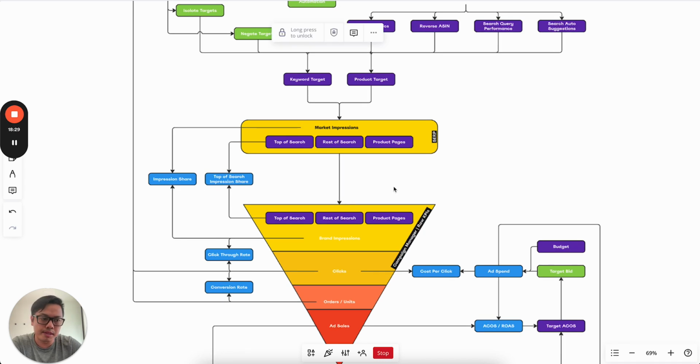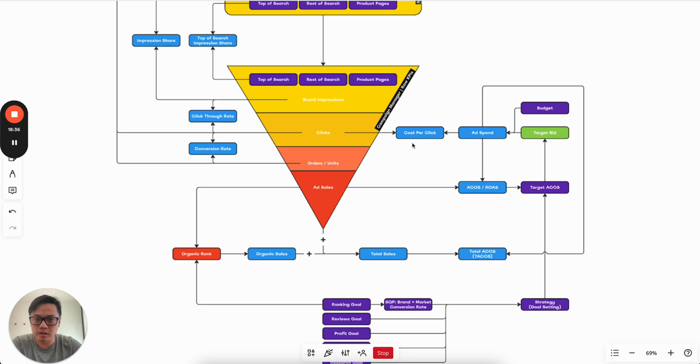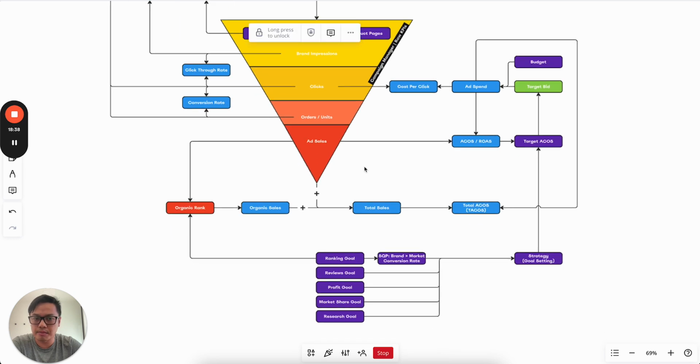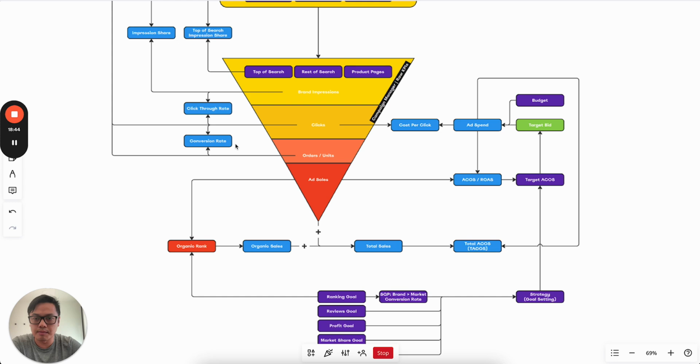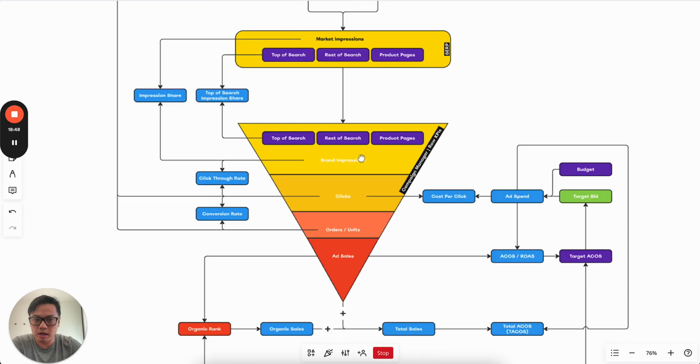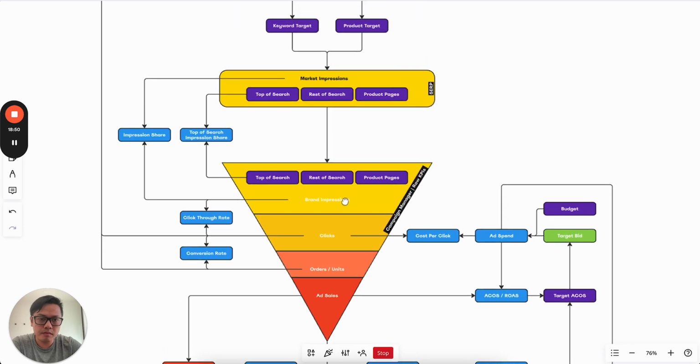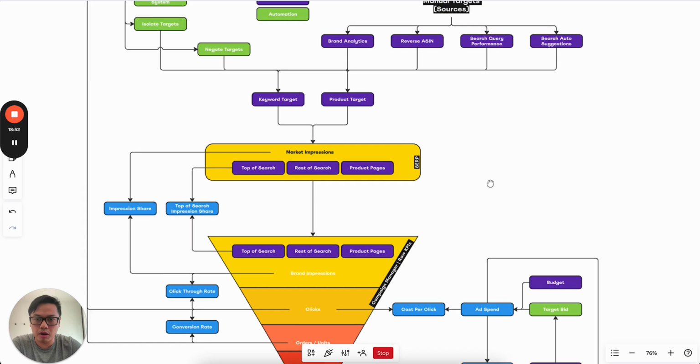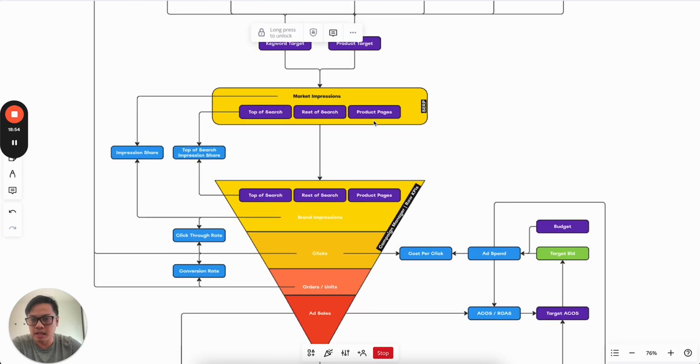So one thing about PPC that you always have to remember is it's just a traffic lever. It's a tool. It's not going to solve the business, because there's two sides to the business. You have traffic, and then you have conversion. And your conversion comes down to your product. So you can't fix a bad product, but if you have a good product, you can fix your PPC, because it's just a tool for traffic.